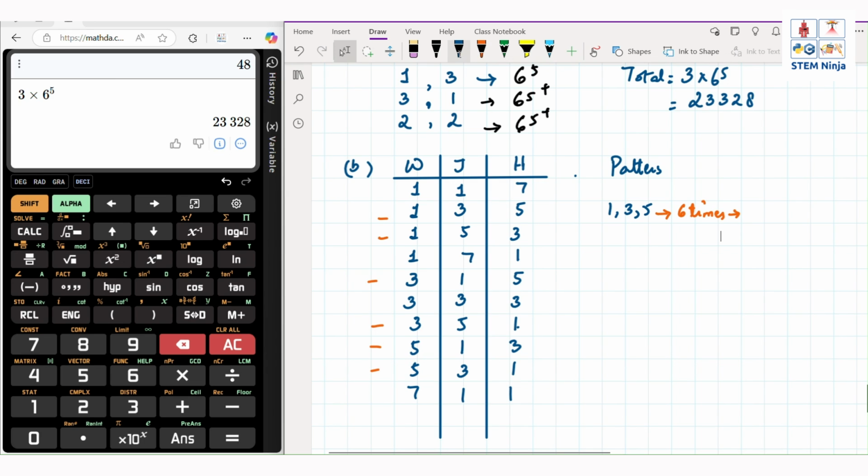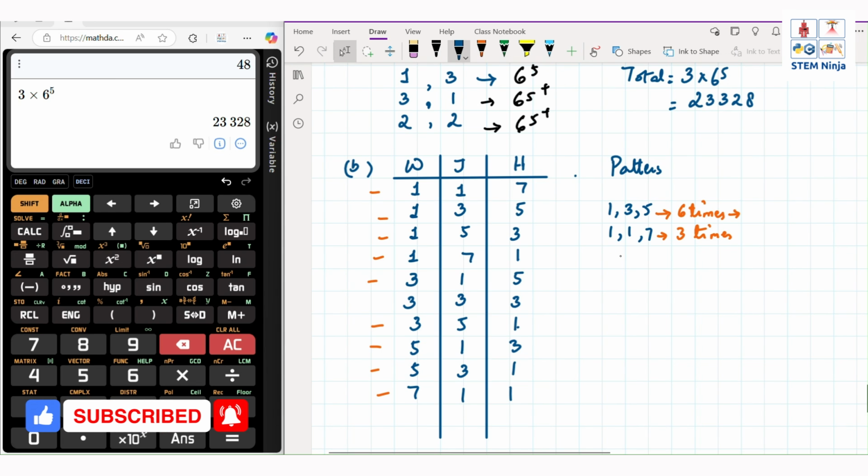We will multiply by that later on. How many times are we getting 1, 1, 7, a combination like that? So 1, 2, and 3, 3 times, and 3, 3, 3 is just 1 time.